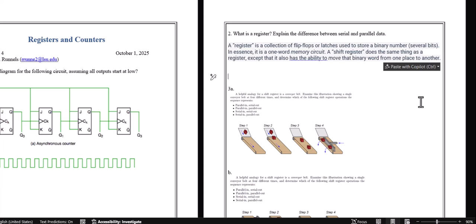So rather than having a memory of 1 bit, it has a memory of a certain number of bits. Now, a shift register is a register that holds the memory, but it also has the ability to move the bits around from place to place. So that is the definition of a register.